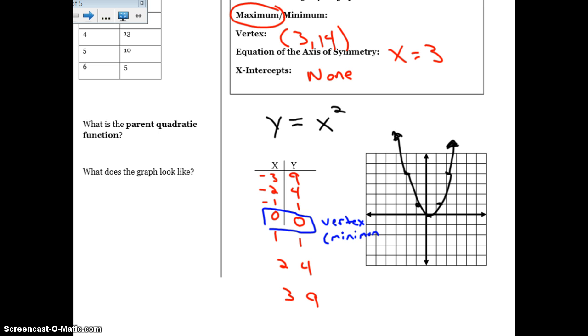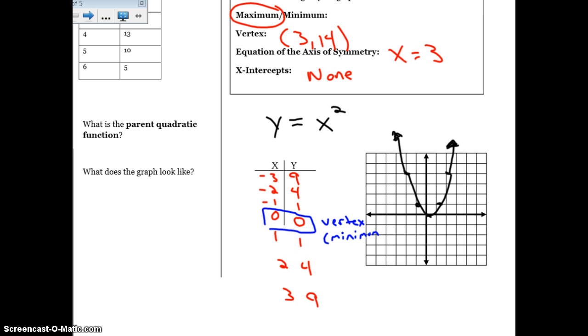The y values, hopefully you'll notice a pattern with quadratics. If you look at the y values, let's start at where y is 9, then it goes to 4, then it goes to 1, then it goes to 0. After 0, it then goes to 1, 4, and 9. So hopefully you notice that the y values on this function are decreasing, then they hit the minimum point, and then they begin to increase again.